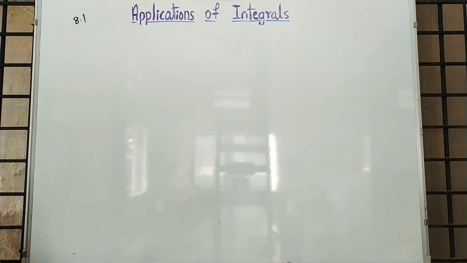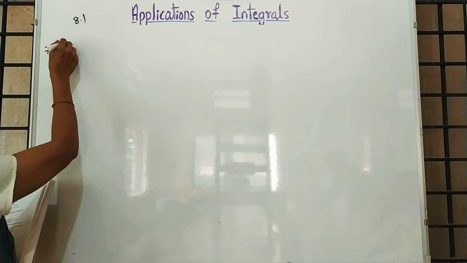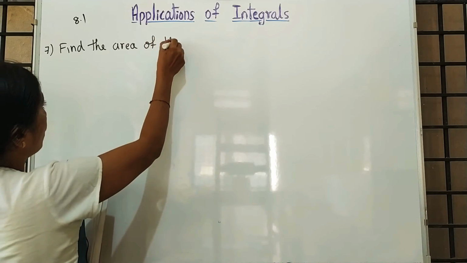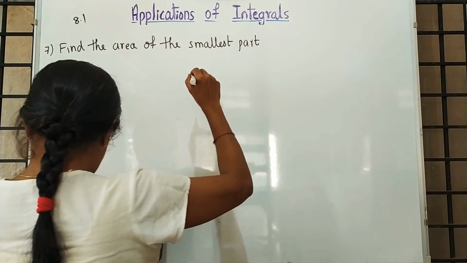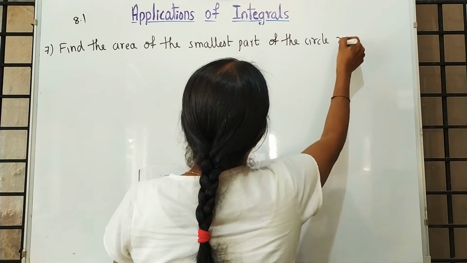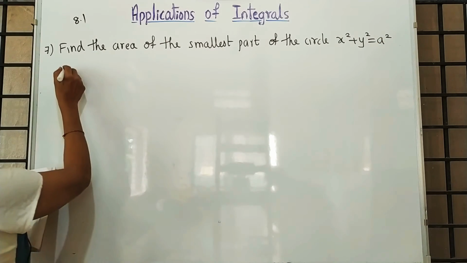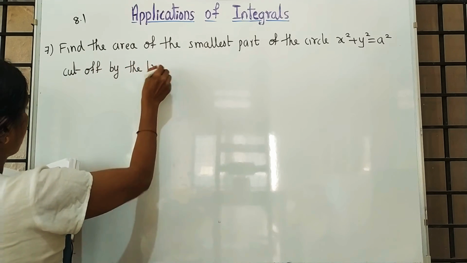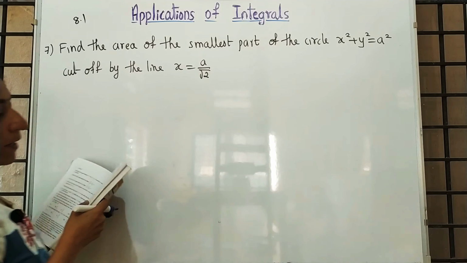that is question number 7. Find the area of the smallest part of the circle x square plus y square is equal to a square, cut off by the line x is equal to a by root 2.